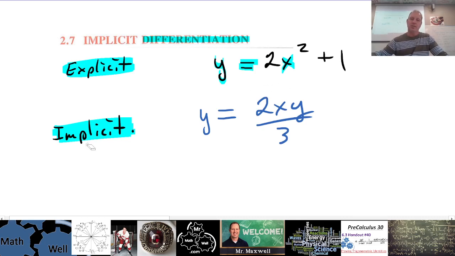Now, implicit, okay, another way to think about this is if I have y equals, okay, part of this explanation, that is this right here, is going to be in terms of another variable, x, but it also might be explained in terms of itself as well. So it's going to be kind of all jumbled up and mixed up, okay?